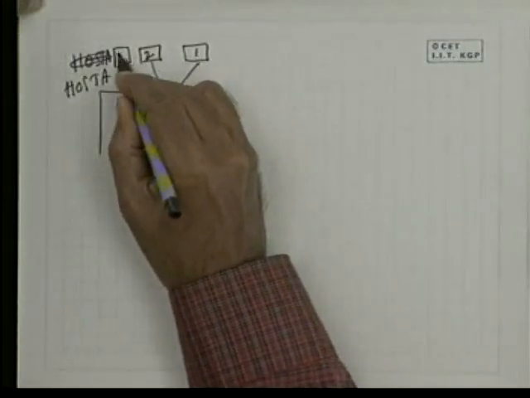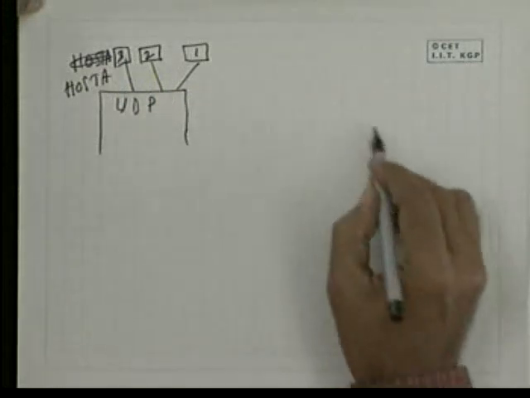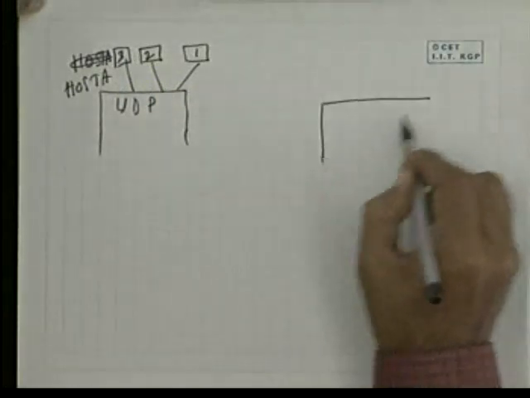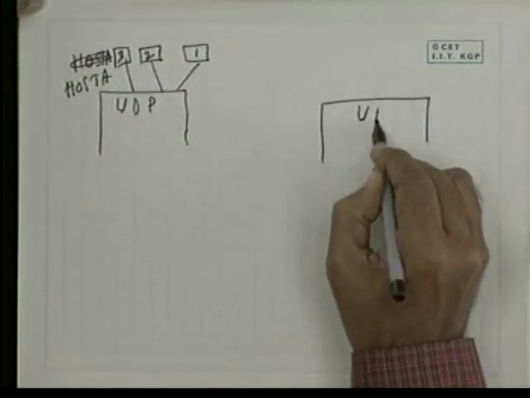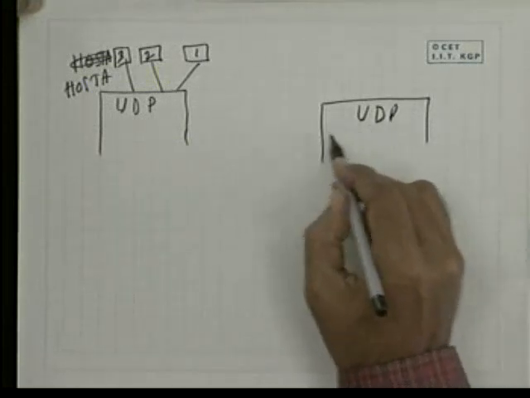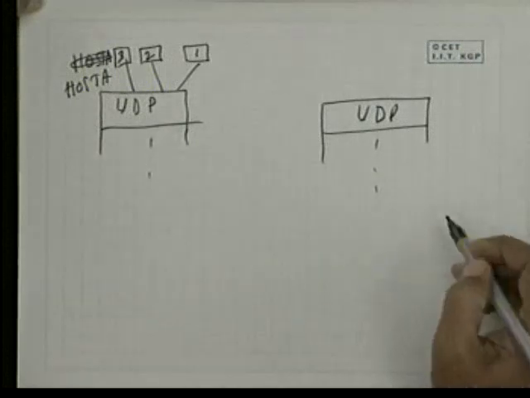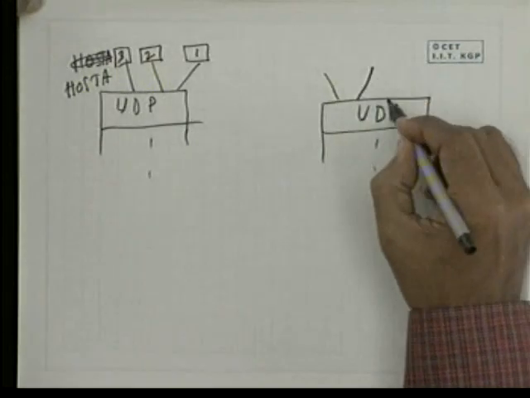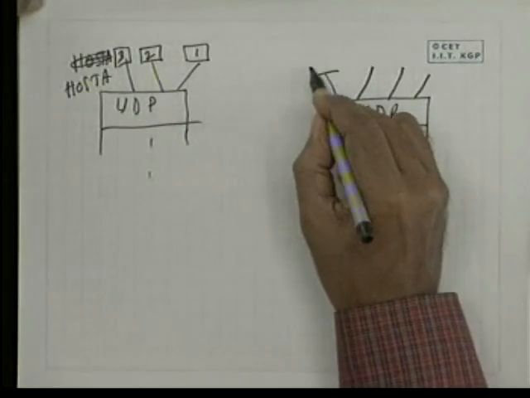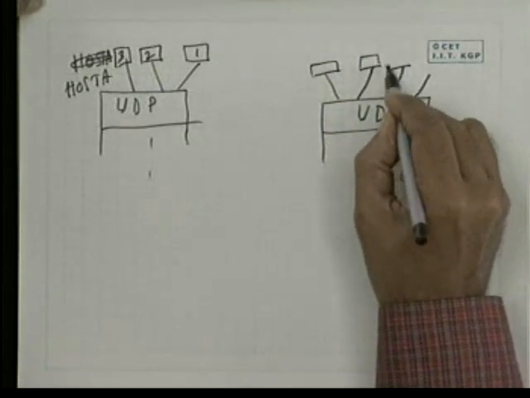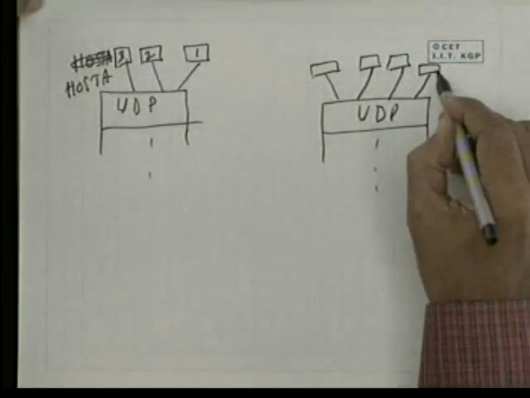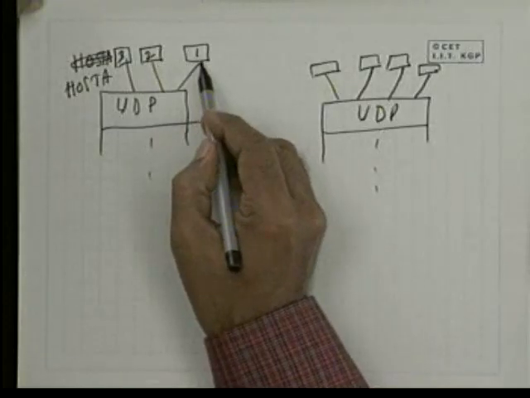And there is another host in which you also have the UDP protocol running. I am not showing you the other protocols below it. And here also there are a number of application programs running. What is being done in UDP? Each application program is associated with a port number.